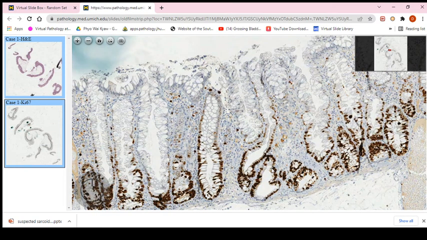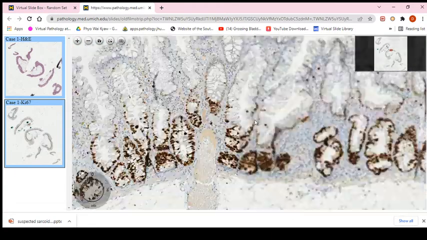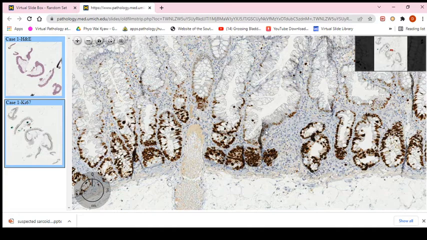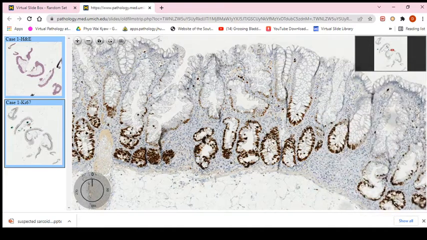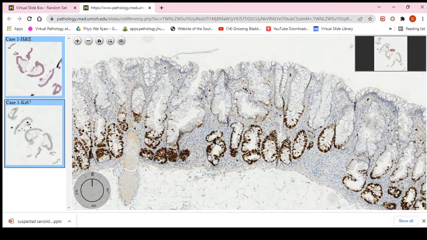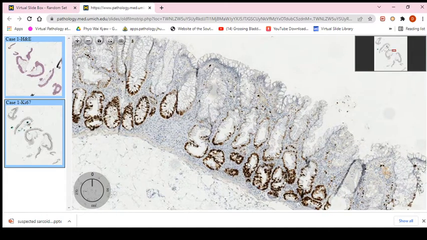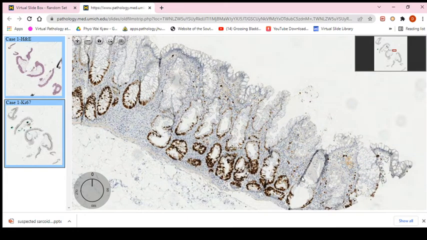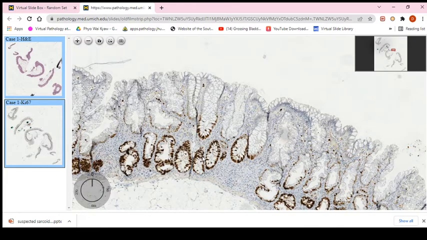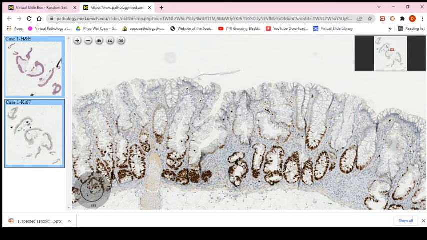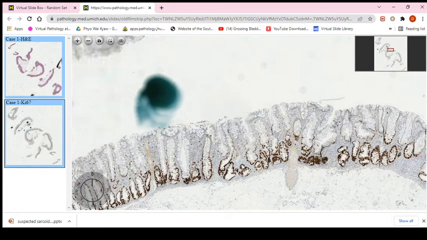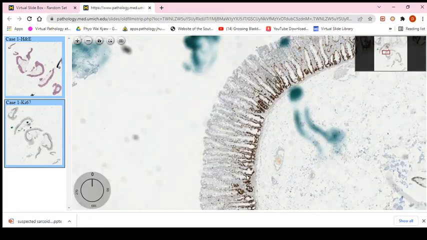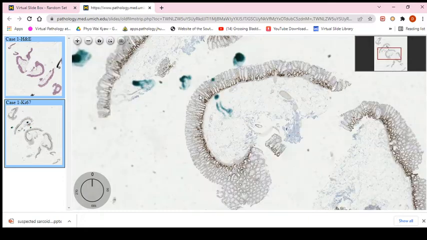It can even highlight the lateral expansion of the crypt. So the big deal about sessile serrated lesions is that because there is not much visible conventional dysplasia identified, you may miss the lesion as benign, and it can lead to a patient safety issue, which is not a correct diagnosis.